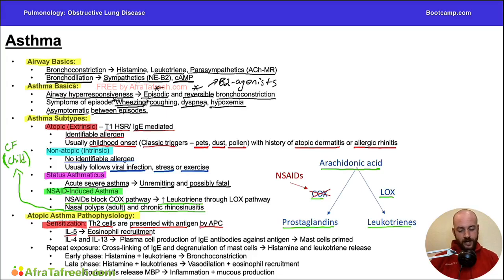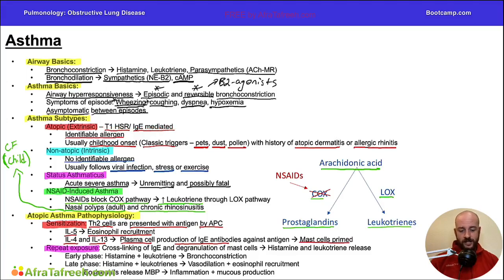Secondly, they're going to produce IL-4 and IL-13, which is going to stimulate plasma cells to produce IgE antibodies towards that foreign antigen, and then those IgE antibodies are going to bind to mast cells, and then we call those mast cells primed. The second event was called repeat exposure. Here we encounter the foreign antigen for a second time, and now the antigen is going to bind to IgE antibodies on those primed mast cells.